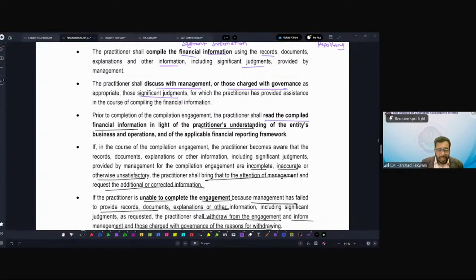In that case, you will ask management to provide additional data, or to change the format in which you are preparing the segment reporting. That is the first scenario. Second scenario, you identify a misstatement in segment information.